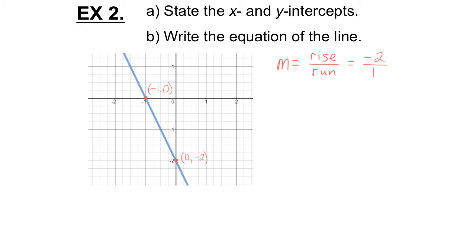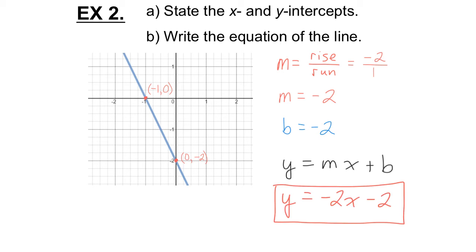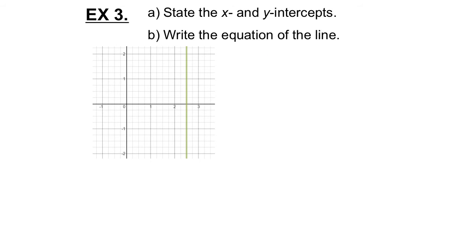So the slope is -2 over 1, or just -2. It's a whole number. The y-intercept is -2. So we plug in m and b in y equals mx plus b. We get y equals -2x minus 2.